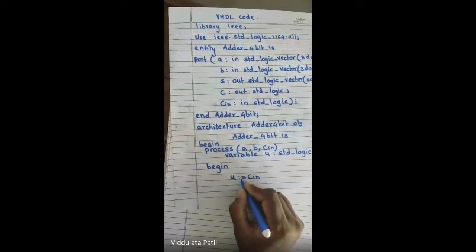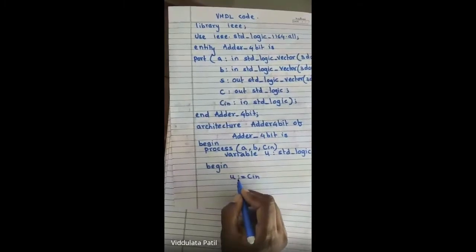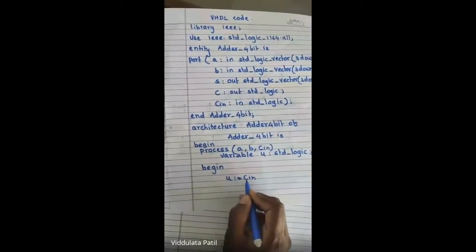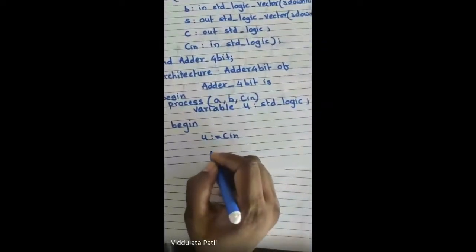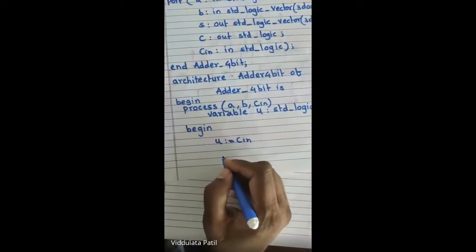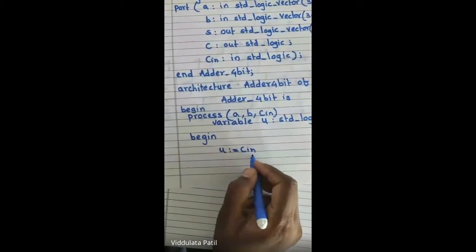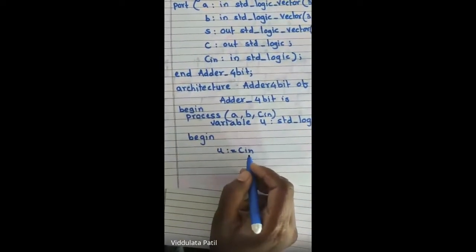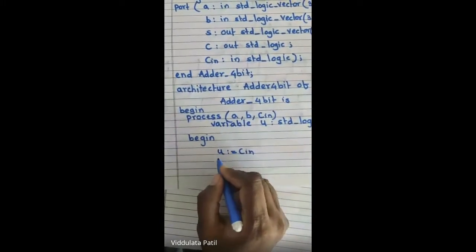Now here you see that I have used a syntax, that is a colon and equal to sign. Colon and equal to sign indicates that whatever is the change in the expression that we are writing, it will immediately transfer that value to this variable.